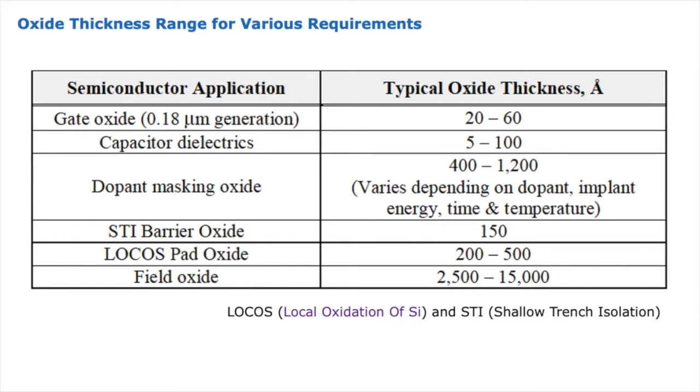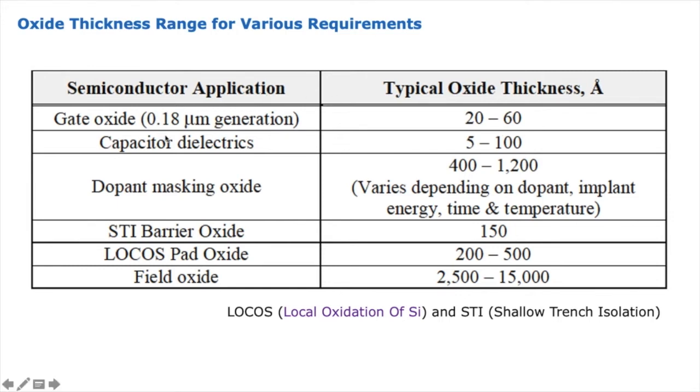Now I summarize the various thicknesses of oxide layer required for specific applications. In this table, in this column I have semiconductor applications, and here the oxide layer thickness in angstrom. Gate oxide is something like 20 to 60 angstrom. This is not very specific, as it depends on what kind of technology you are looking for.